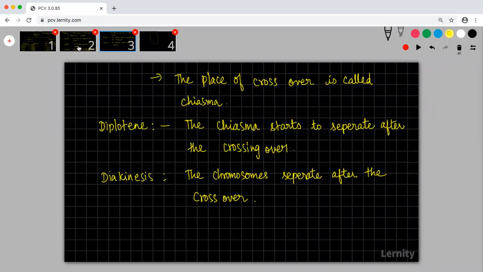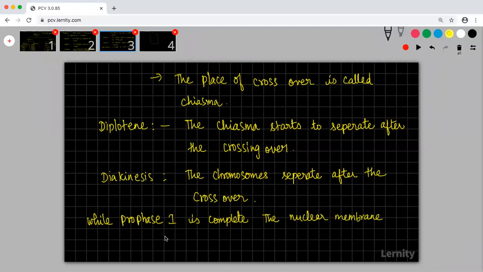When all this prophase is happening, you also have to write something. While prophase 1 happens, the nuclear membrane gets disintegrated.